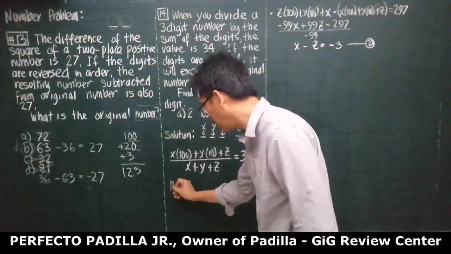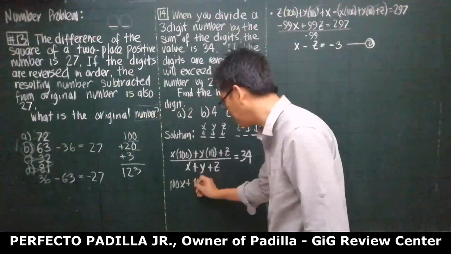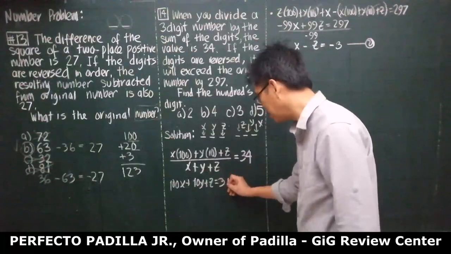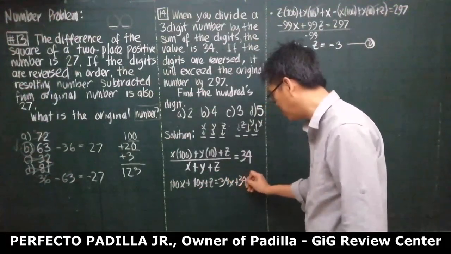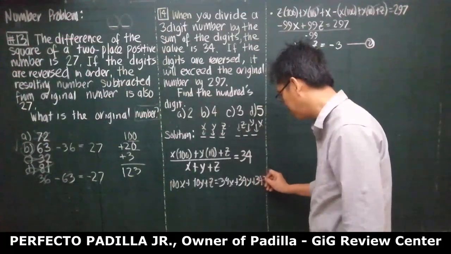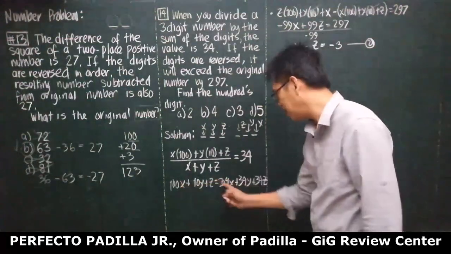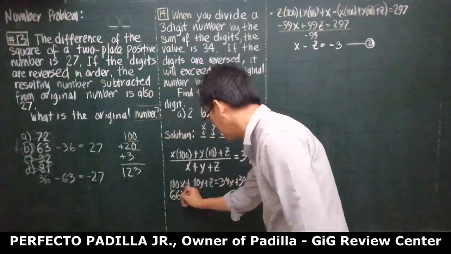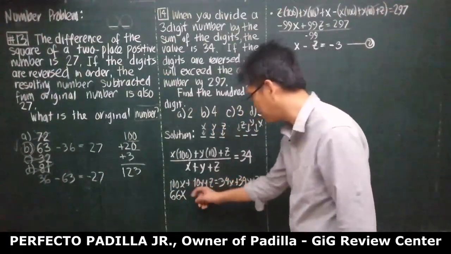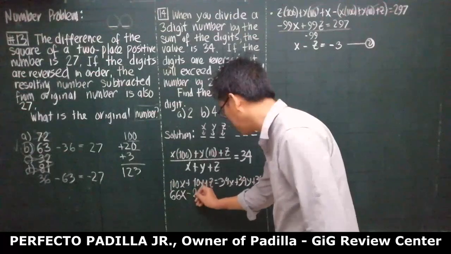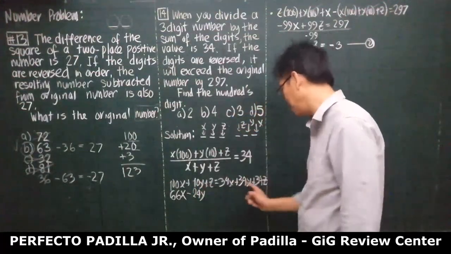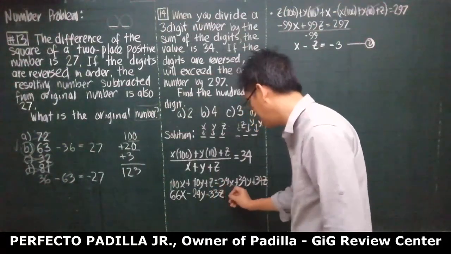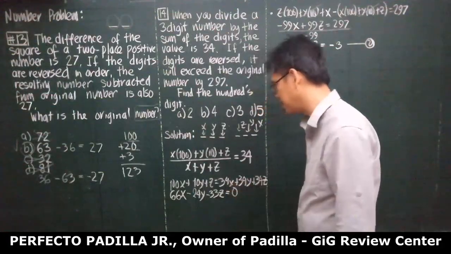This would be 100x plus 10y plus z is 34 times this, 34x plus 34y plus 34z. So, 100x minus 34x, this is 66x. 10y minus 34y, minus 24y. z minus 34z, this is minus 33z, and this will be equal to 0.